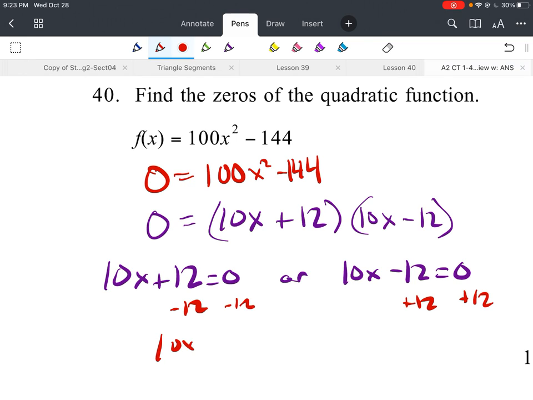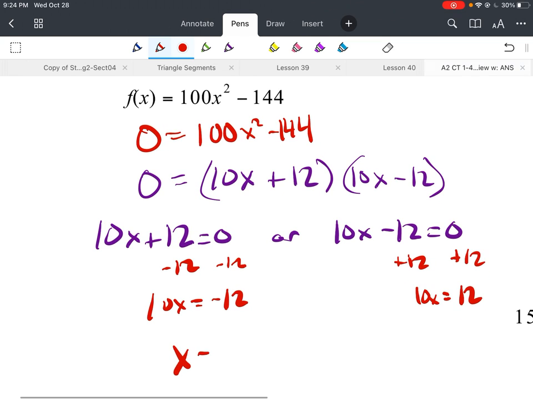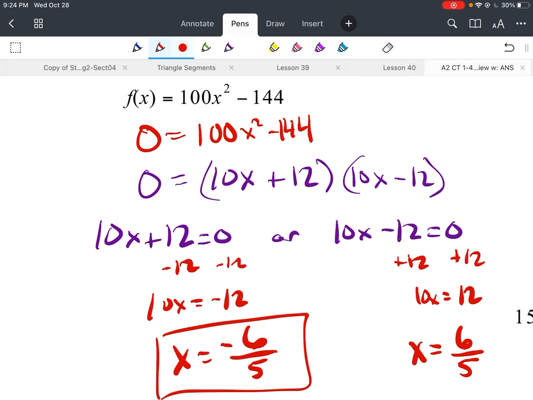Anyway, 10x equals negative 12. 10x equals positive 12. Divide both sides by 10. You reduce it, and x equals negative 6/5 is a fine answer, or x equals positive 6/5. Okay, so 2 solutions, all good there.